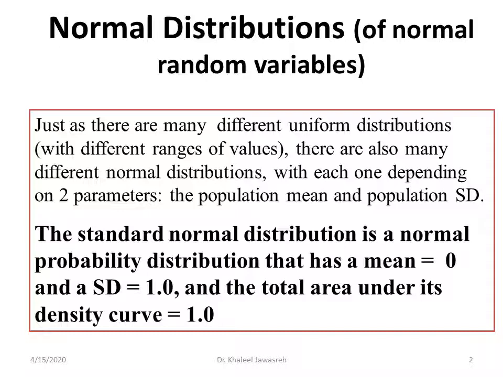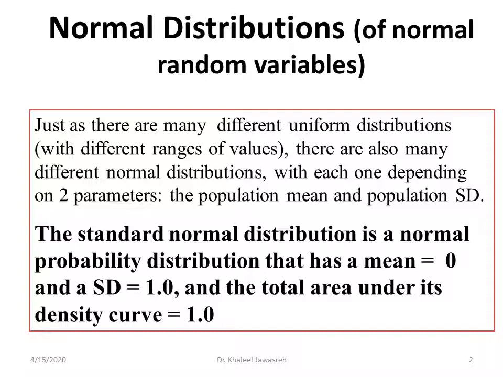So the standard normal distribution is a normal probability distribution that has a mean of 0 and a standard deviation of 1. The total area under the density curve is 1. You do need to know that the probability, or the area under the curve, is 1, with mean equal to 0 and standard deviation equal to 1. This is the standard normal distribution curve.